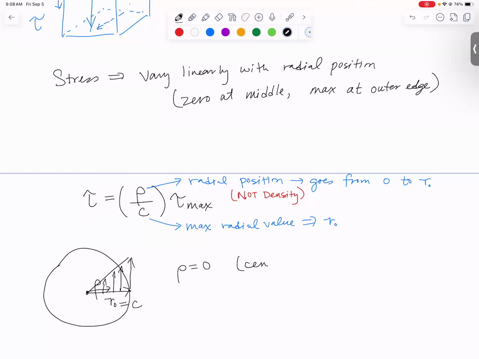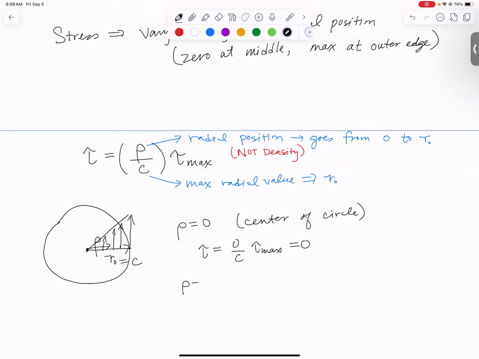We are at the center of the circle, and tau equals 0 over c times tau max. Tau is 0. Let's try at rho equals, I don't know, halfway out, r0 over 2. Well, then tau would be r0 over 2 divided by c times tau max. But remember, c, that's your biggest value that rho can possibly have.